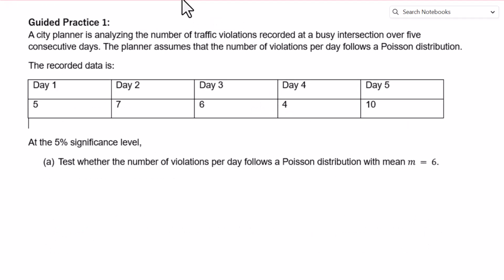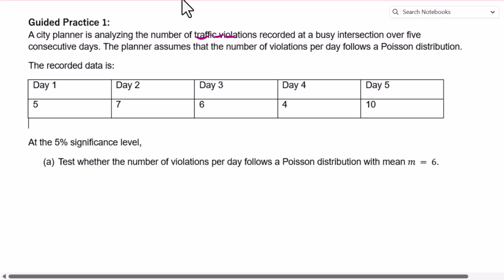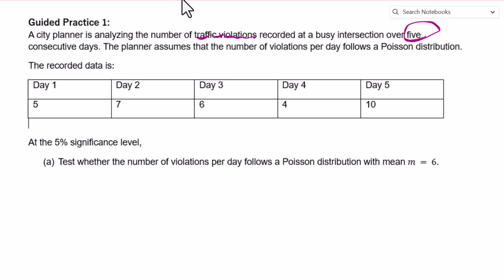A city planner is analyzing the number of traffic violations recorded at a busy intersection over 5 consecutive days. The planner assumes that the number of violations per day follows a Poisson distribution. The recorded data is given in this table.